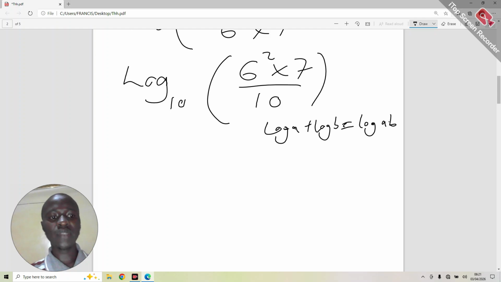That dot is a multiplication symbol or sign. Then log A minus log B is log A over B, and that is what we are applying here.